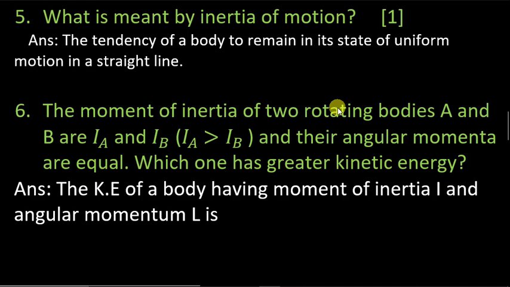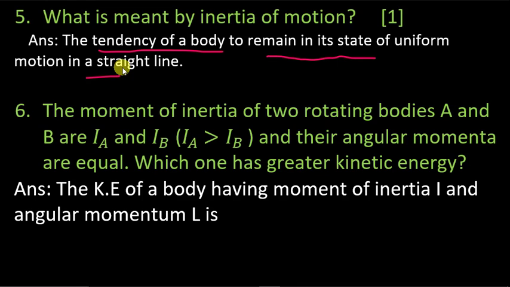Next question is, what is meant by inertia of motion? Inertia of motion is the tendency of a body to remain in its state of uniform motion in a straight line. Inertia of motion, inertia of rest, inertia of direction.